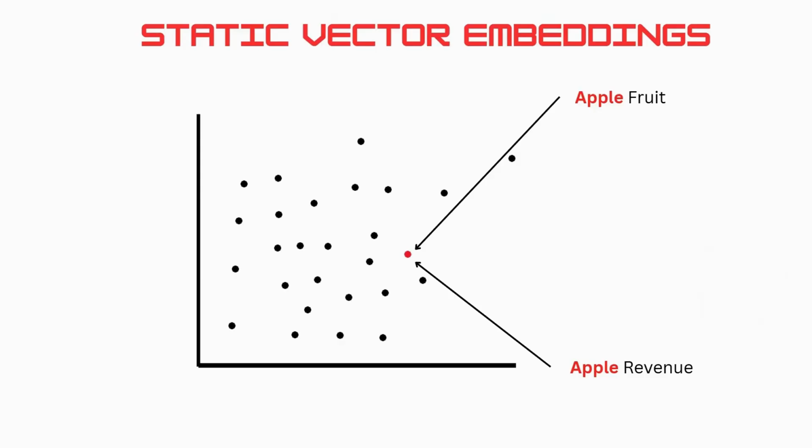Here, the word apple is always mapped to the same vector, no matter if you're talking about the fruit or the company for the revenue. The major disadvantage here is the model cannot distinguish context, as a query for Apple revenue may incorrectly retrieve information about the fruit.